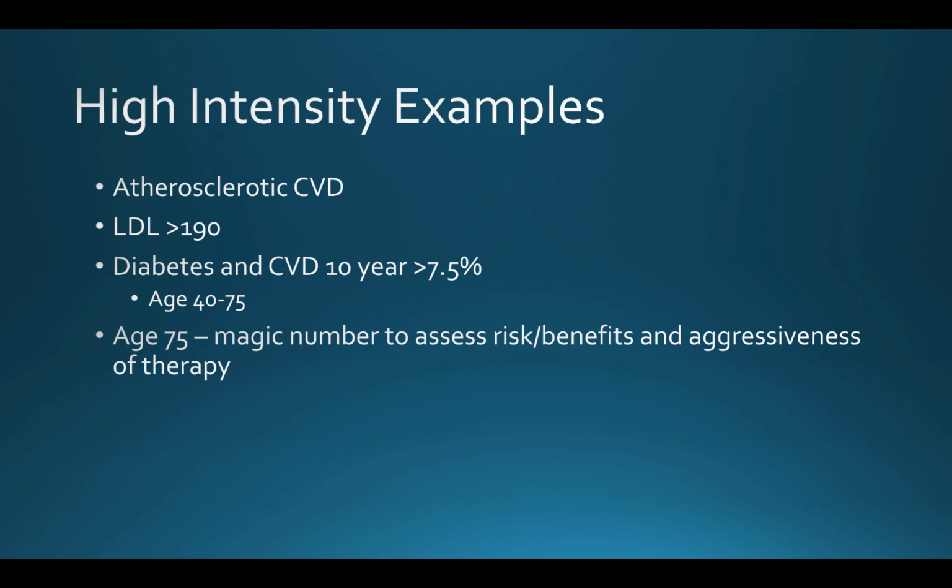So if they've got a history of MI, atherosclerotic cardiovascular disease, significantly elevated LDL, greater than 190, diabetes, and 10-year risk greater than 7.5%, these are high-intensity examples typically. With diabetes and age, they usually recommend moderate to high. And again, you want to look at that risk scoring and see how aggressive we want to get with statin therapy.